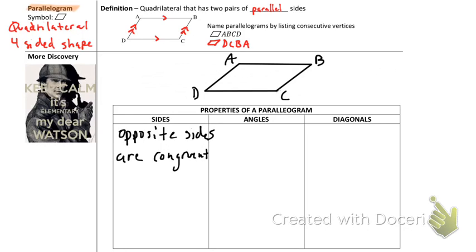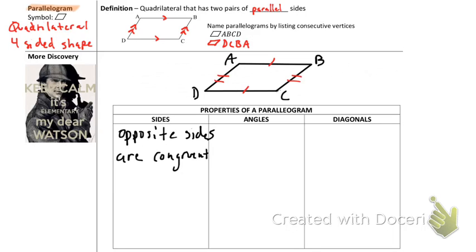What that means in this particular example is we can now say that AB and DC are equal and AD and BC are equal.